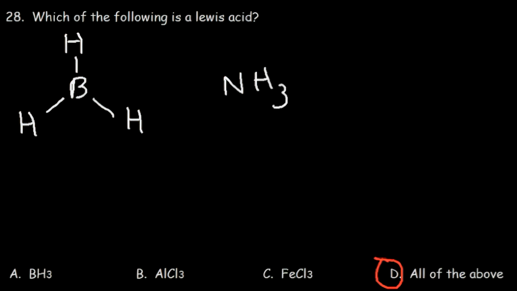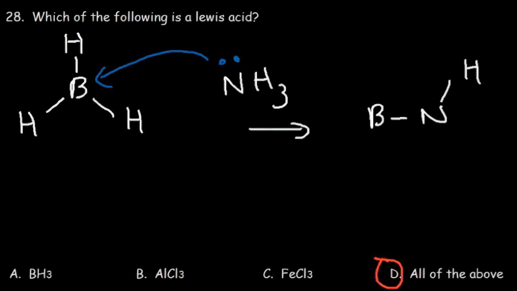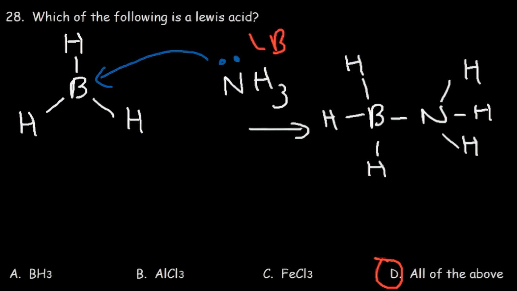So let's say we have a Lewis base like NH3, which has a lone pair. NH3 can donate a pair of electrons to BH3, and we're going to get this product, which looks like this. So as you can see, the nitrogen atom donated a pair of electrons, which makes it a Lewis base, or an electron pair donor.